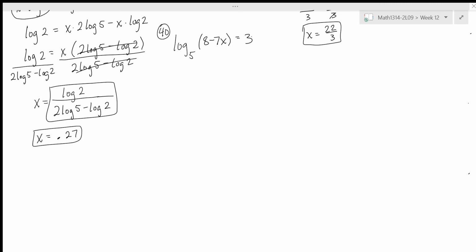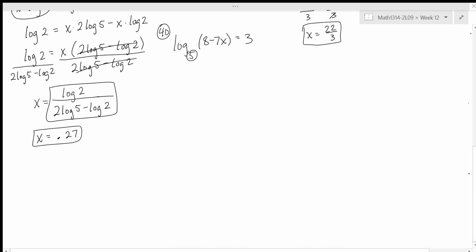Okay, so how many logs are there? One, right? There's only one log. And if there's only one log, that means that we're primed and ready to convert to exponential.